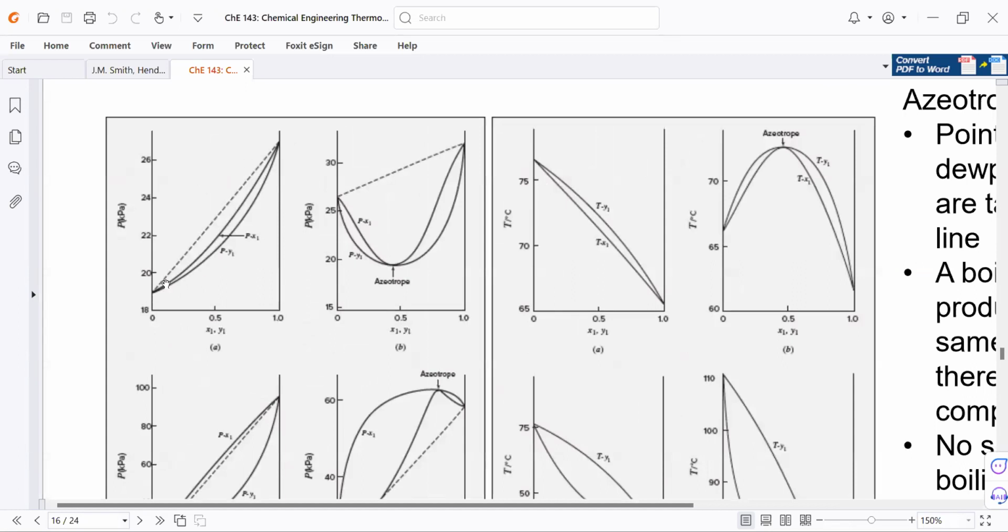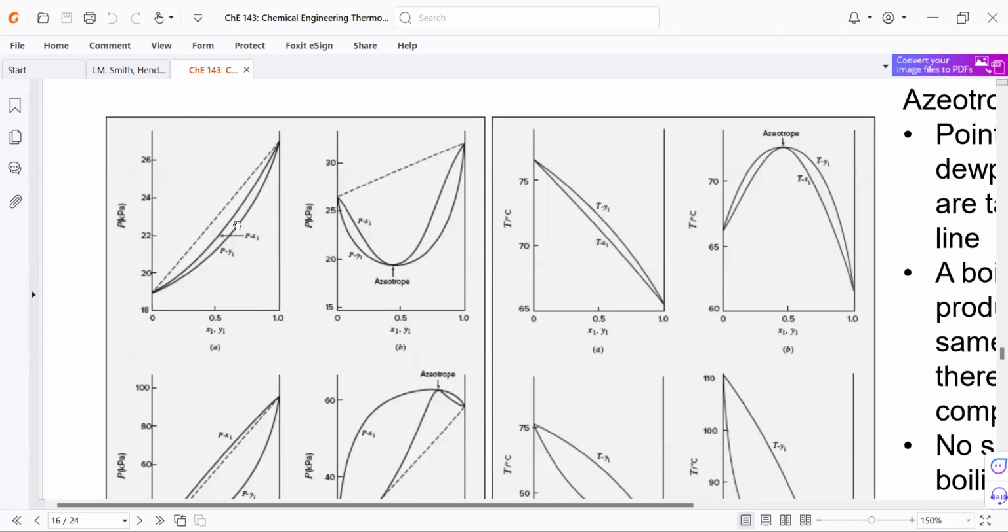The Px line or curve is below the straight line. The straight line would represent the system obeying Raoult's law, but in this system, it deviates from the Raoult's law behavior.